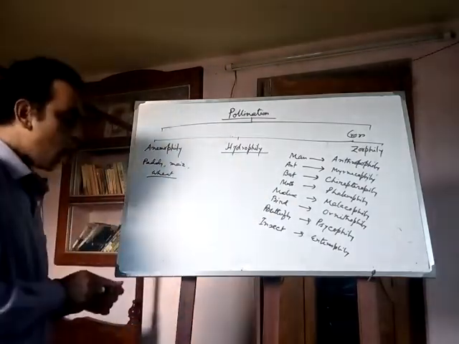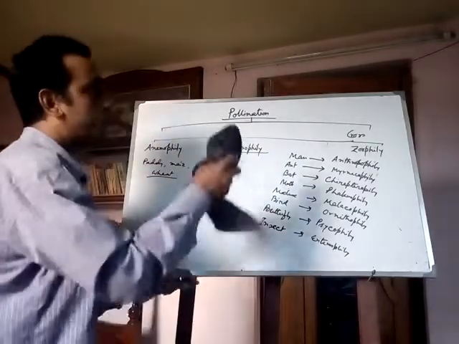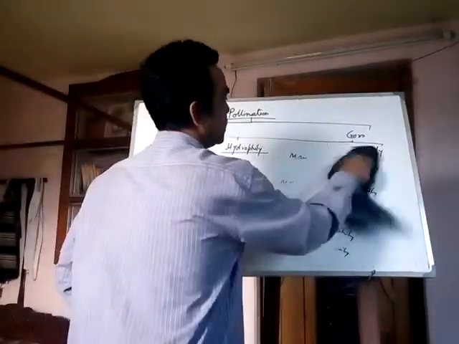Next, the outbreeding devices of cross-pollination I discuss here.